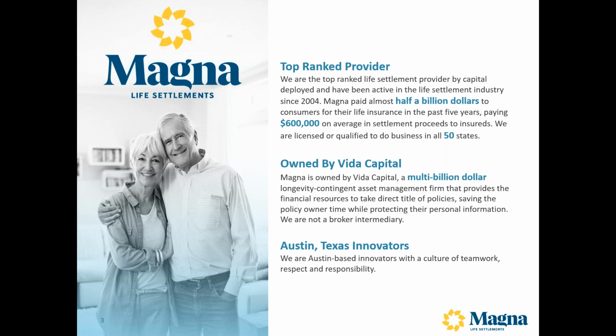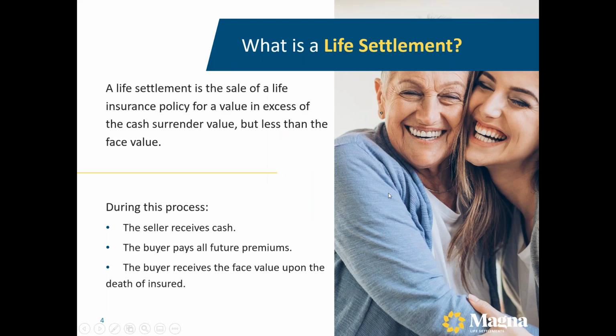We work in tune with Vita, where people invest in the policies that we own in the fund, and we then use those dollars to acquire new policies. When there's a maturity, money flows into the fund. That's how our investors get their return, and then we use those new dollars to acquire new assets. Both Vita and Magna are located in Austin, Texas, and have worked in unison for over a decade.